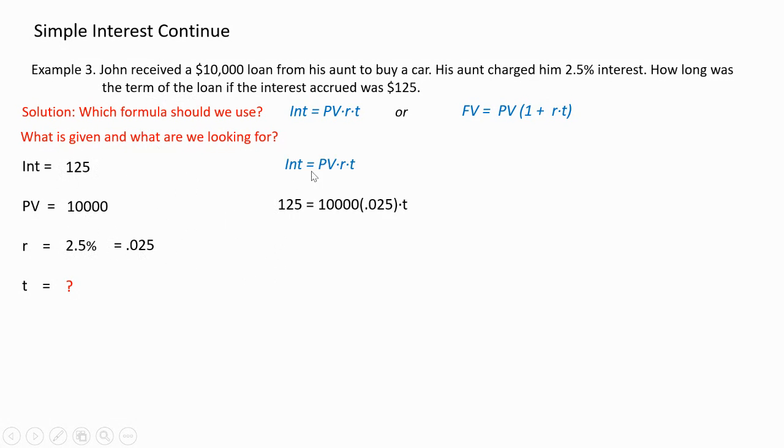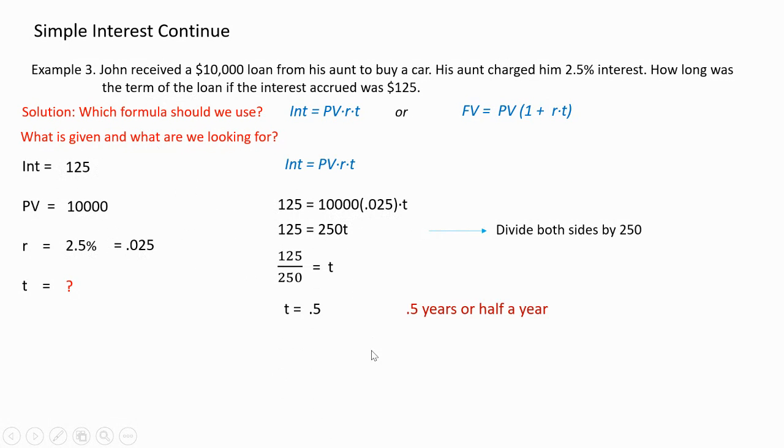Now, again, plug into the formula. We're looking for T. So 10,000 times 0.025 will give us 250. Then we divide by 250 on both sides, and we get 0.5, which is 0.5 years. 0.5 years is half a year.